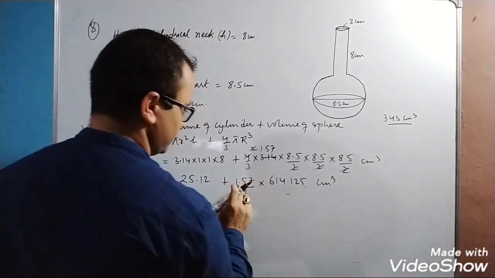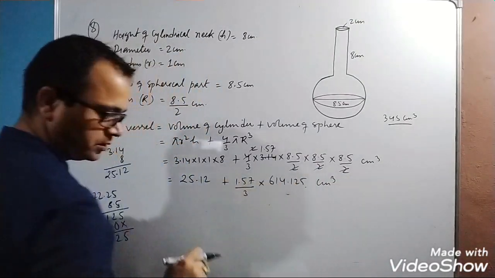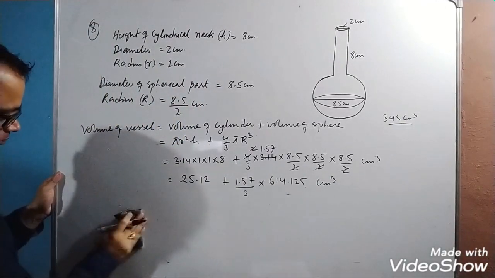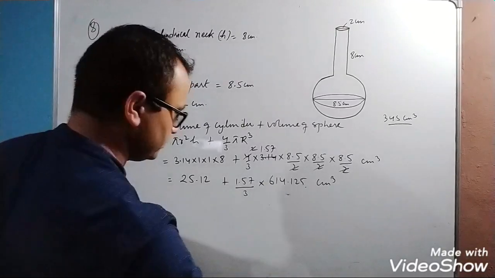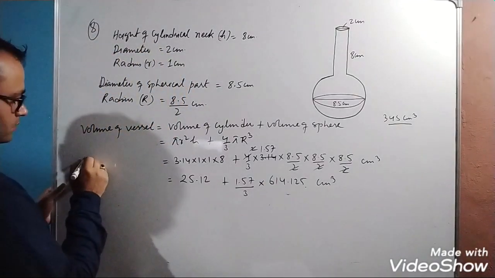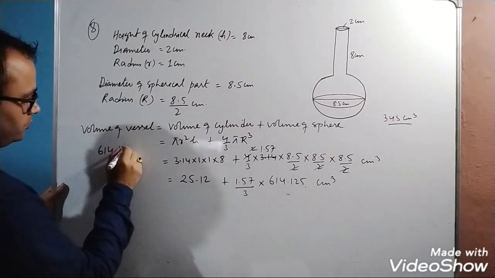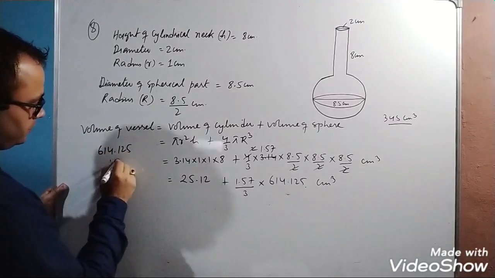Now again we have to multiply 614.125 into 1.57.